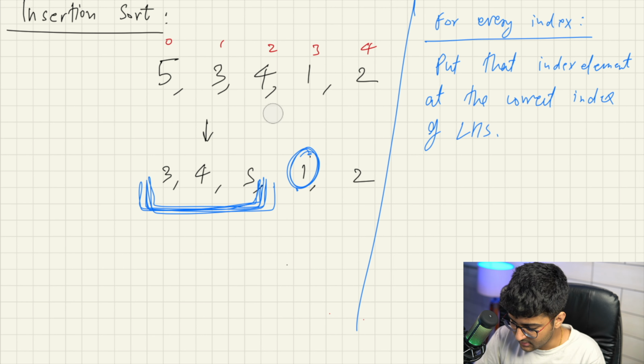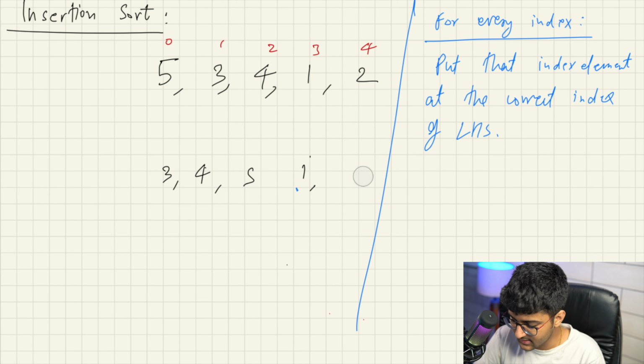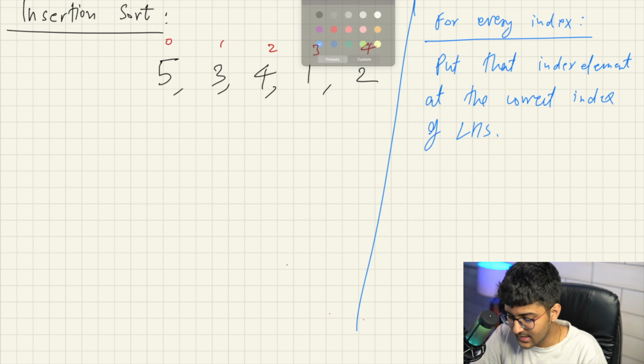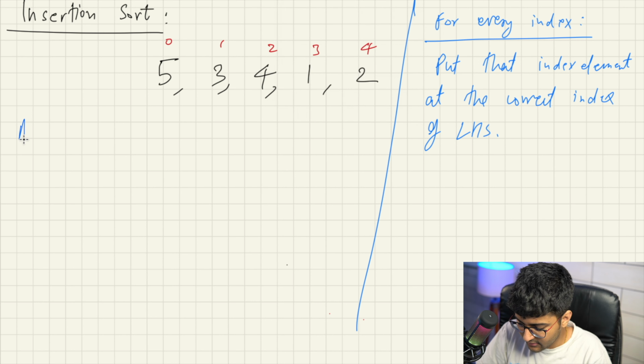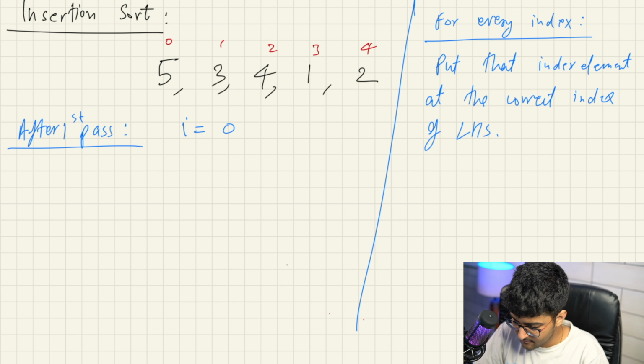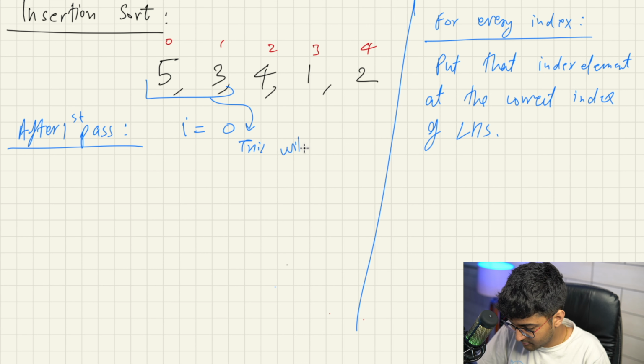Another intuition, the thing that should come to your mind to understand what we are doing over here: after the first pass, that is i is equal to 0, this will be sorted.